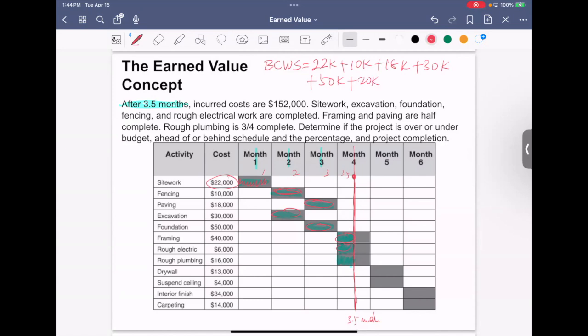And this is 3K, and this is 8K. You sum all of them together. That is your budgeted cost of work scheduled, because when you reach 3.5 months you have done half of those and the whole of the rest. You can check with the answer you have in your hand. Tell me the number for the BCWS.